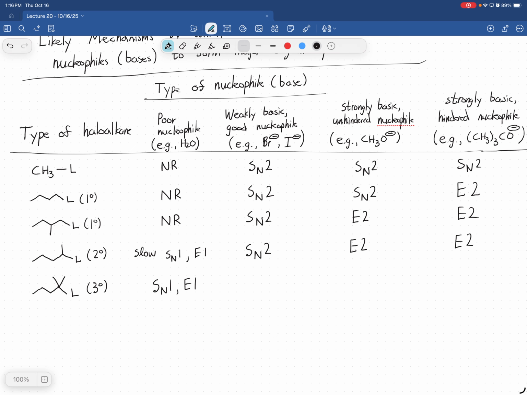Now, weakly basic, well, you probably can't do SN2. So this will turn into SN1, comma, E1. All right? So this is true for both weakly basic and poor nucleophiles. And then for strongly basic nucleophiles, it will be so reactive that it's going to be E2.